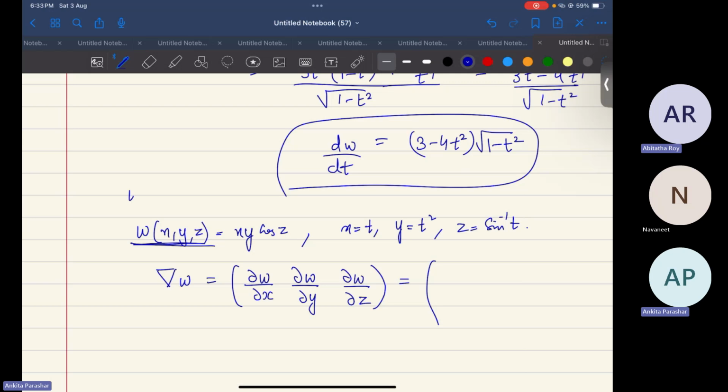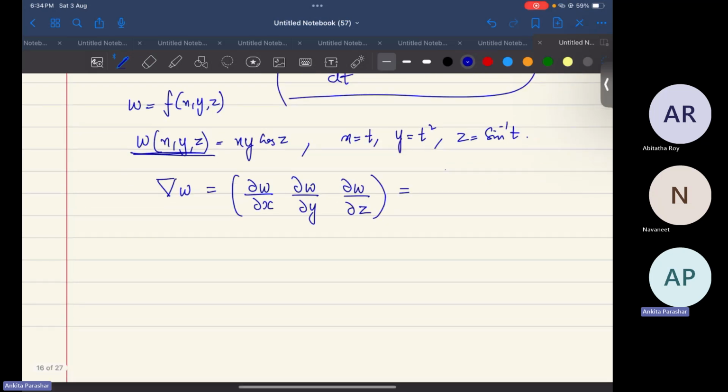W is a function of x, y, z, and x is further a function of t. So you can say the same thing: dx/dt, dy/dt, and dz/dt. Sorry, I am a bit confused. Let me write the general phenomenon.